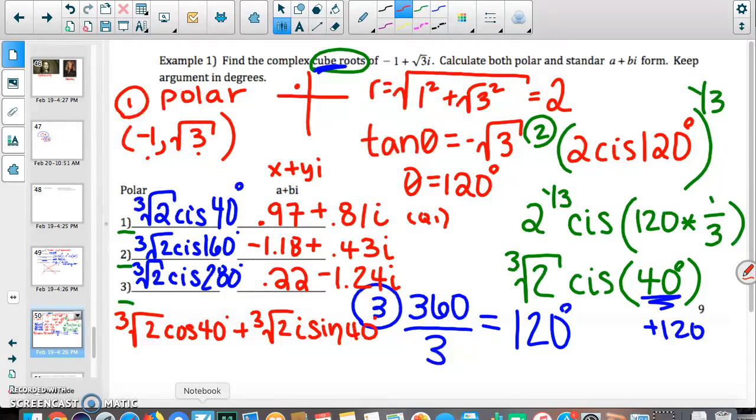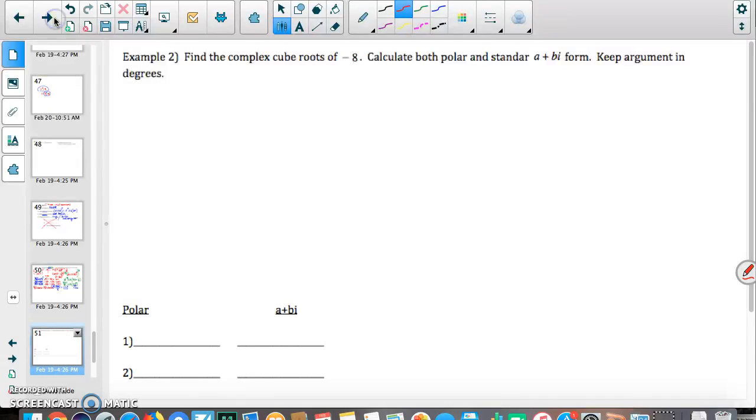And then your second answer is in quadrant 2. And then your last one is in quadrant 4. So like I said, if I'm taking cube roots, right, I want 3 total answers. Awesome. All right, I want to get you started on this next one as much as I can here.